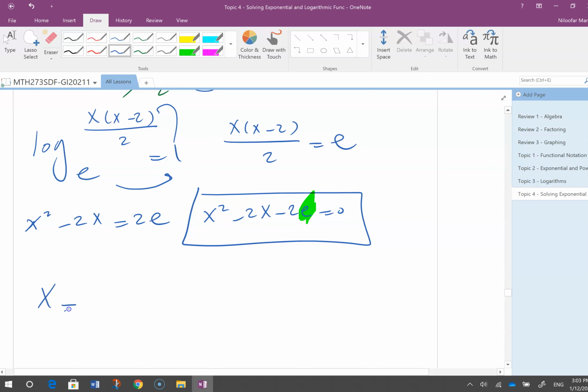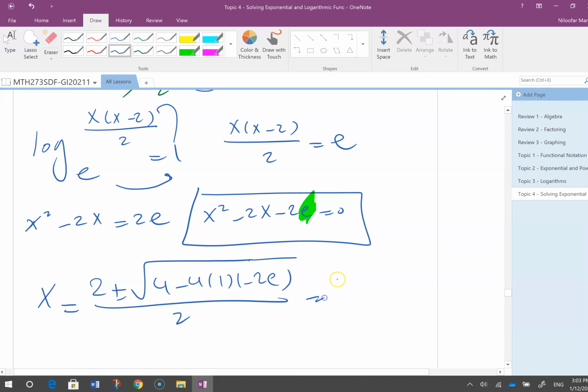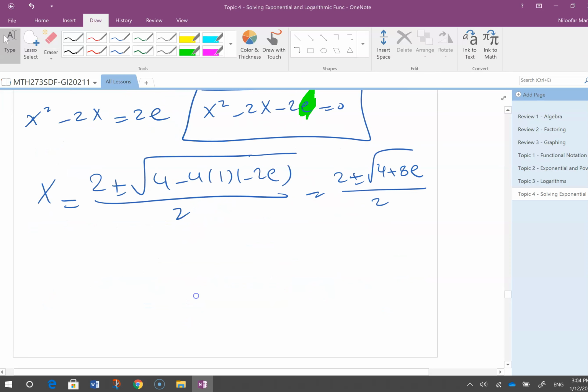So x is 2 plus or minus the radical of 4 minus 4 times 1 times minus 2e, divided by 2, which is 2 plus or minus the radical of 4 plus 8e, divided by 2. Use your calculator. This is exact if I just leave it this way. I can simplify more.